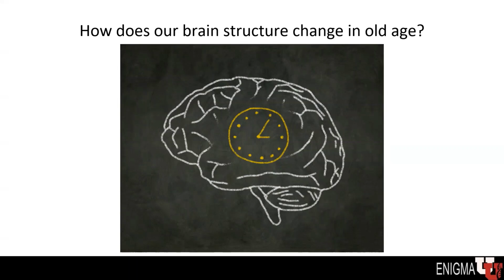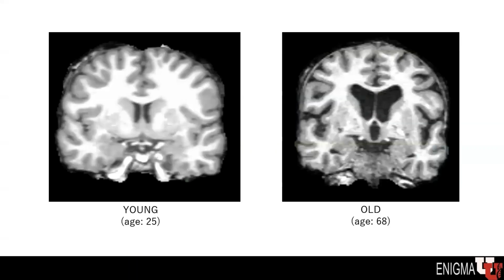It happens to everyone. On the left here, we have a brain from a young male, 25 years old. And on the right, we have the brain of an older male, 68 years old. Try and pause the video and see which differences immediately jump out to you between the two brains.